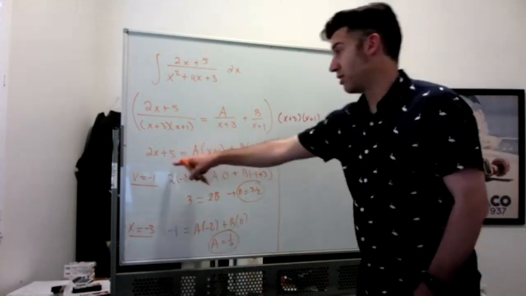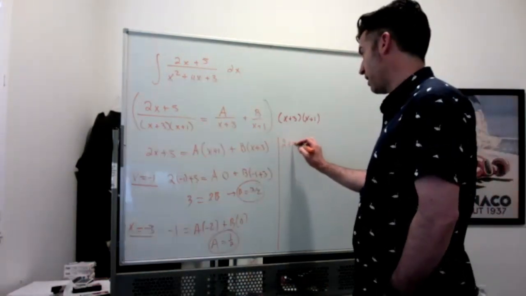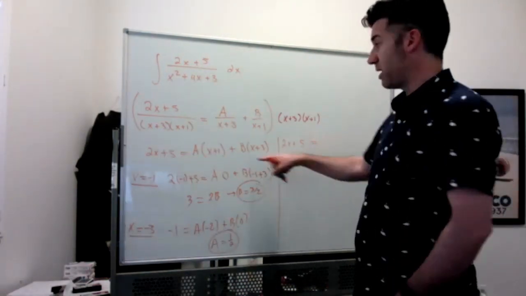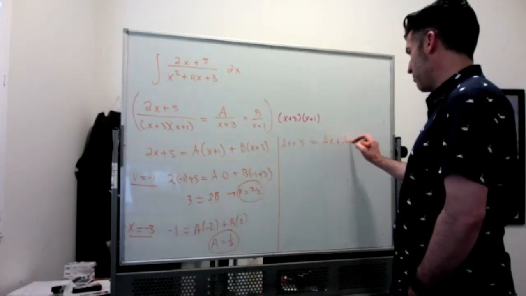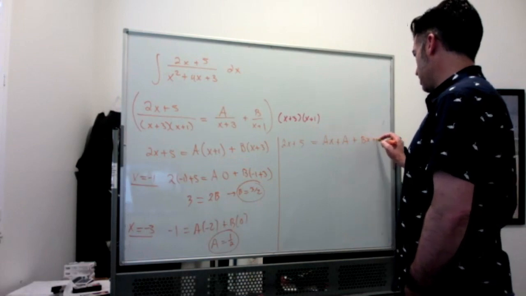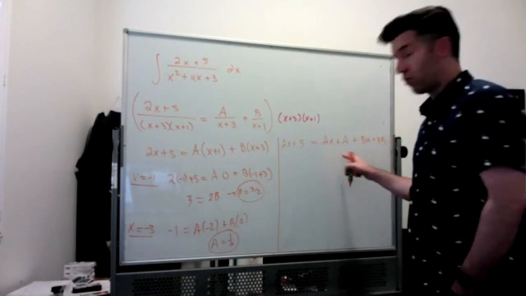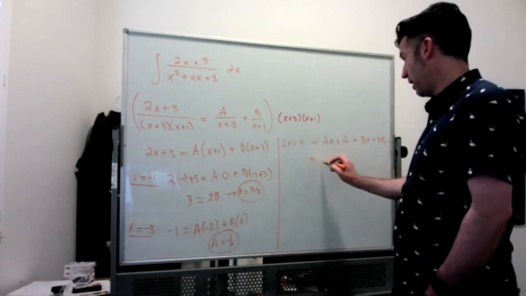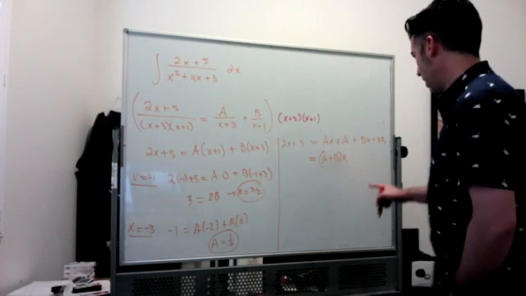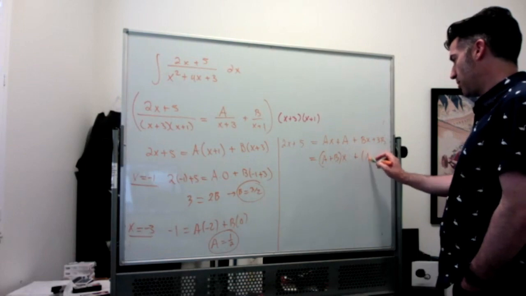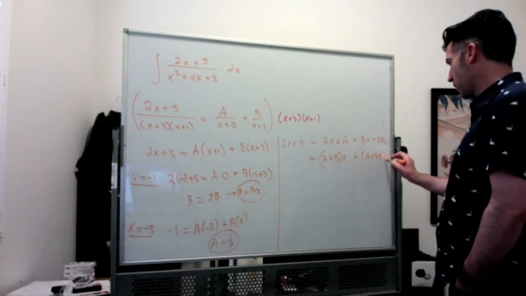So on the left, I have 2x plus 5. And on the right, if I multiply this out, I have ax plus a plus bx plus 3b. Grouping the like terms, I have a plus b times x, and I have a plus 3b as my constant term.